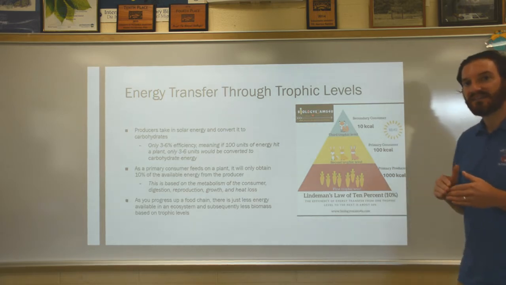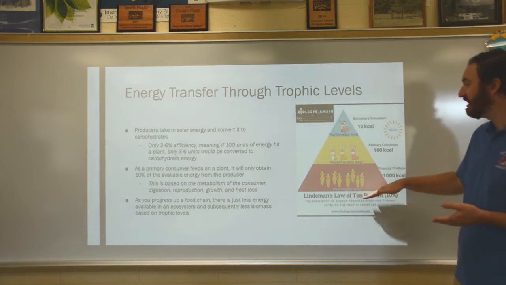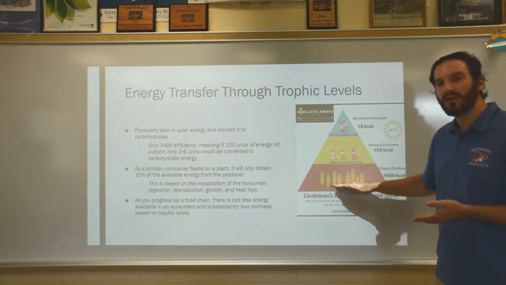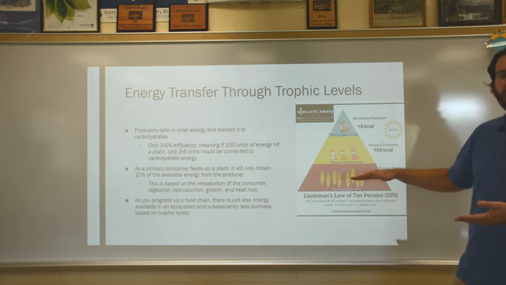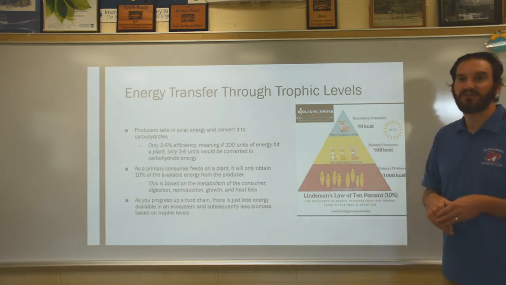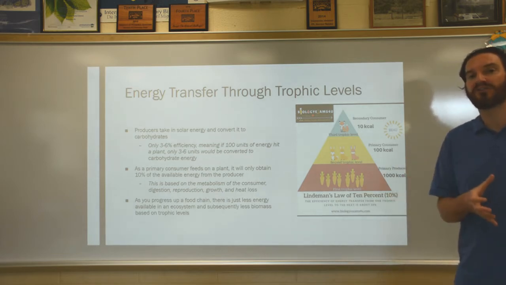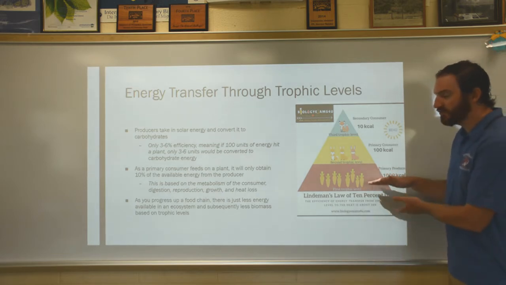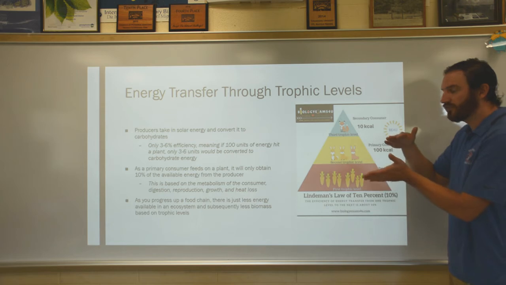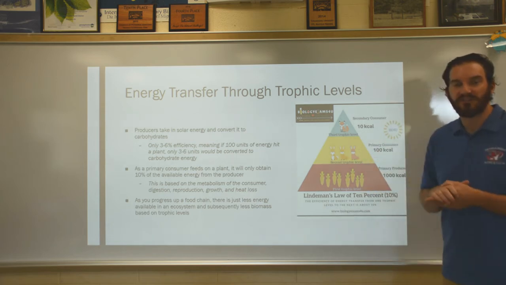Now, that next level: if the producers produce 100 units of energy, the primary consumer that eats that is only going to get 10 units of energy. The secondary consumer that eats the primary consumer is only going to get 10% of that available energy. So if you started with 100 units of energy, now you go to 10 units, now you only have 1 unit of energy.